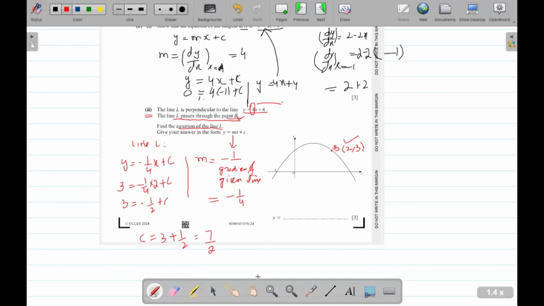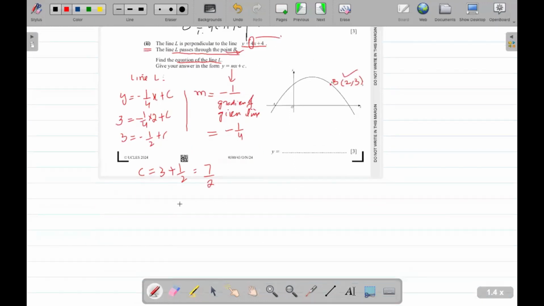We will write the equation here: y equals minus 1 over 4 x plus 7 over 2, and this is the equation of the line L, and this is the answer.